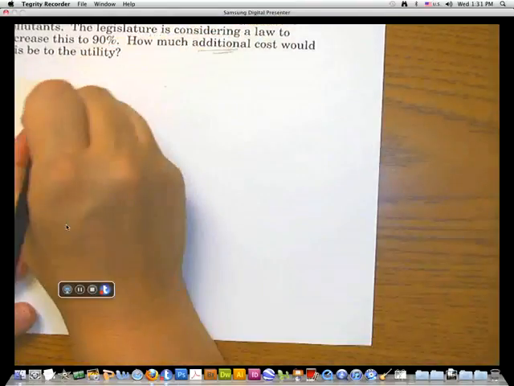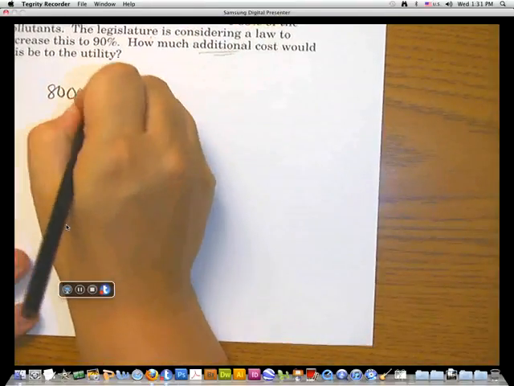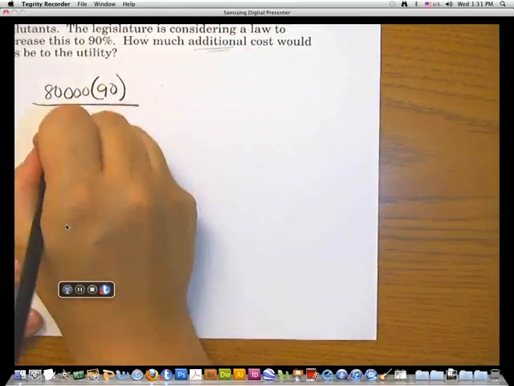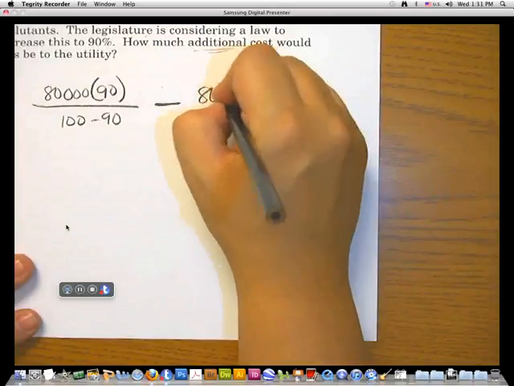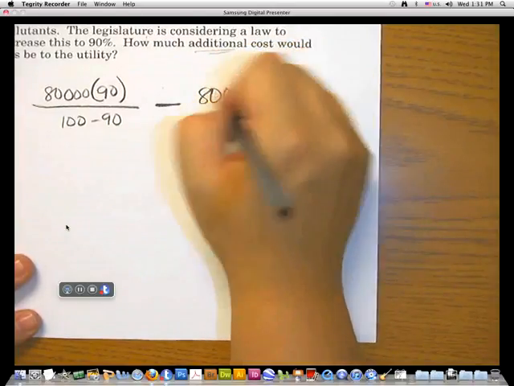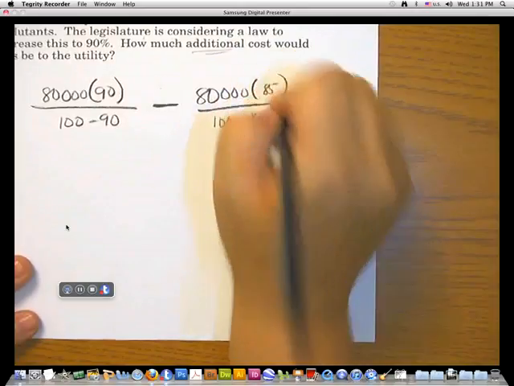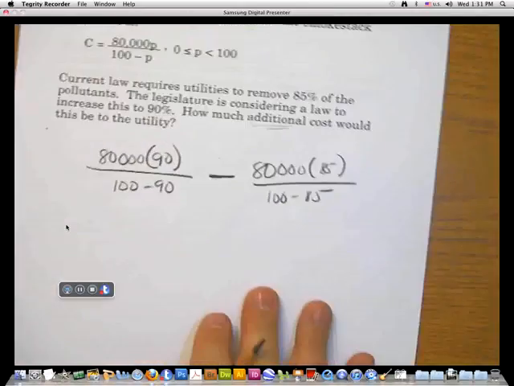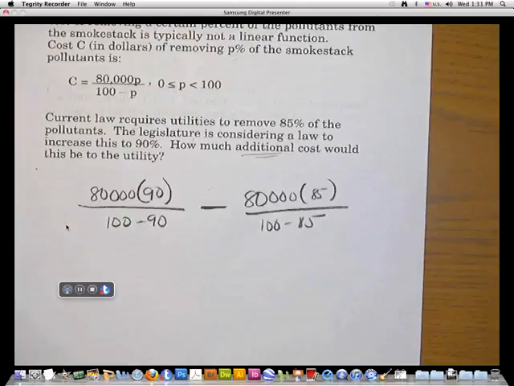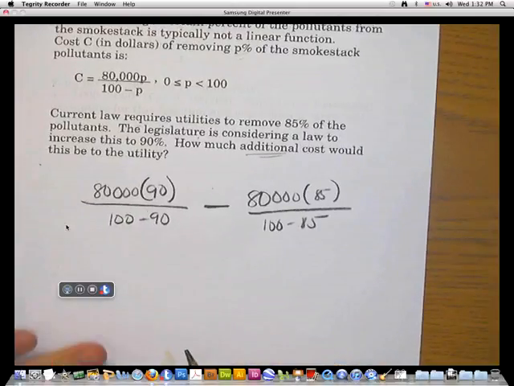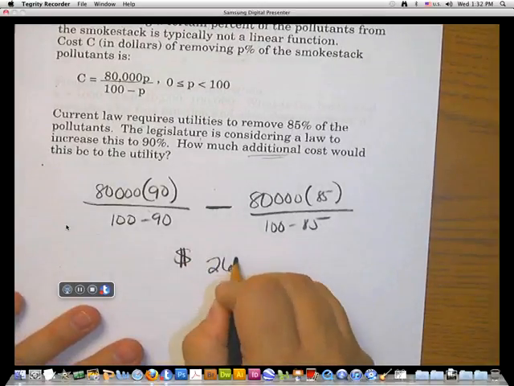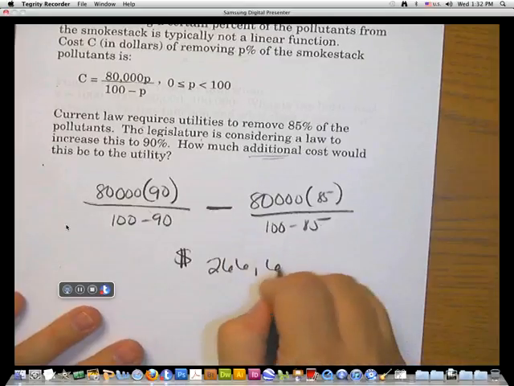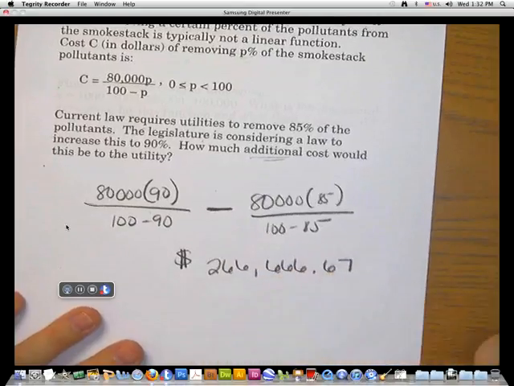So what we have to do is substitute in the 90 and subtract what it currently is at, 85. Do some calculator work, and you can come up with how much more additional it is to go from 85 to 90, and you get the cost of about $266,666.67.